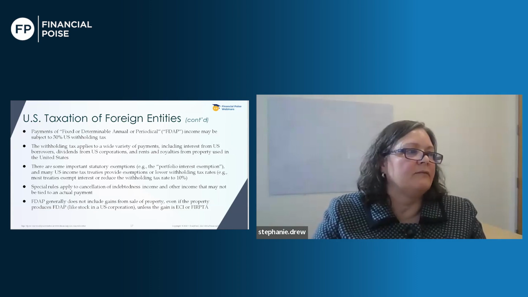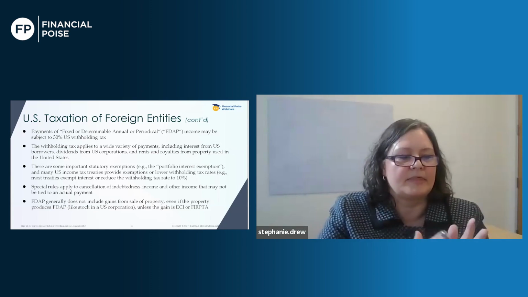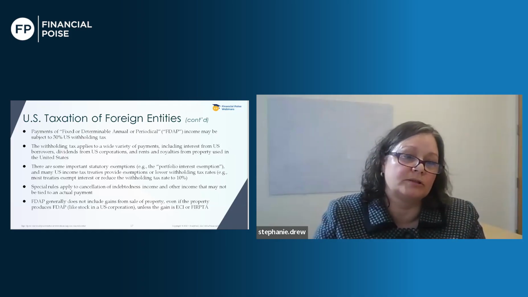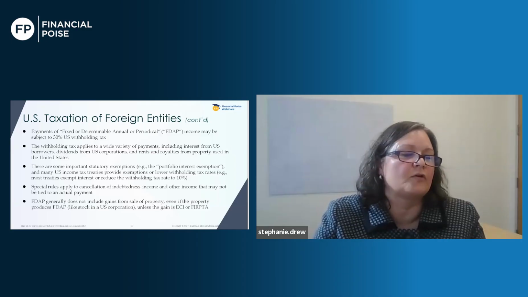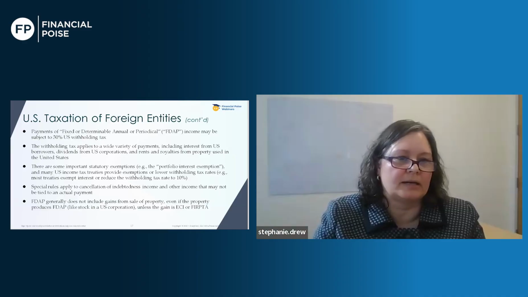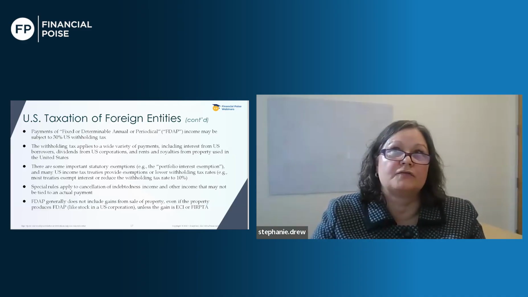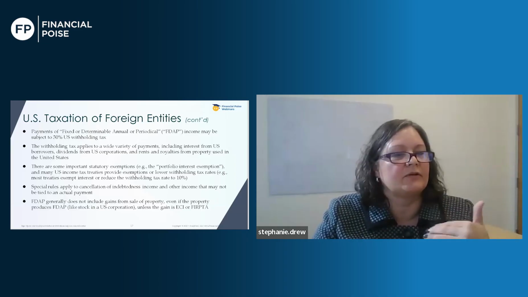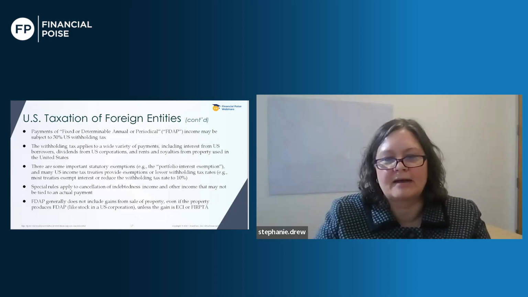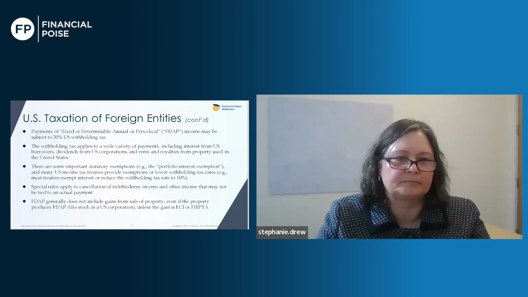For example, if you have fixed payments, which are a series of payments that are the same every time, those can be subject to up to 30% withholding in the United States before those dollars get transferred over to a partner outside of the United States. So you've got that 30% withholding as a rule, but if you have a tax treaty, that can either provide an exemption so you don't have to have any withholdings, or it can lower the rate down to 10%.